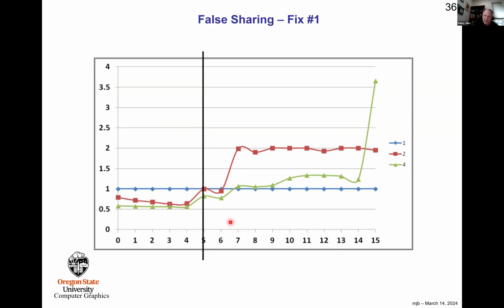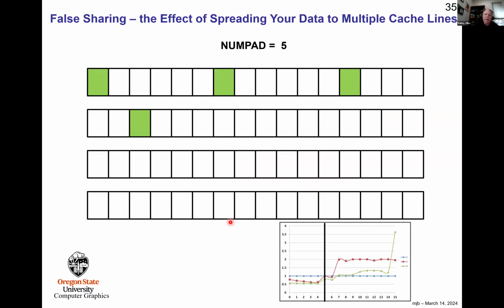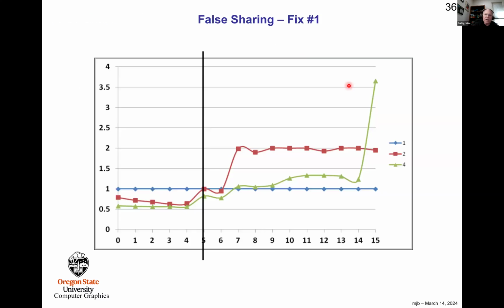So that's a good sign. And why did they bump up? Because you can read and write this value all day, and it won't invalidate this cache line. It's a different cache line. But if you write this one, that invalidates core 0 and core 2's version of that cache line.